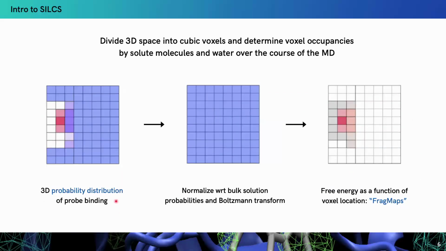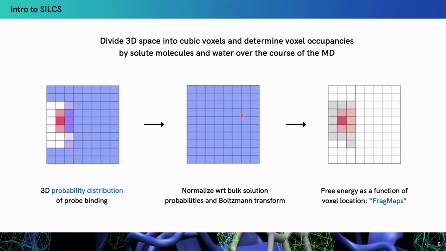Now here is a representation of what we find in the presence of a protein. The probability of the probe molecule occupying a given voxel is driven by its favorable and unfavorable interactions with the protein. There are regions with higher and lower probabilities than the probability of probes interacting with each other in the absence of the protein.